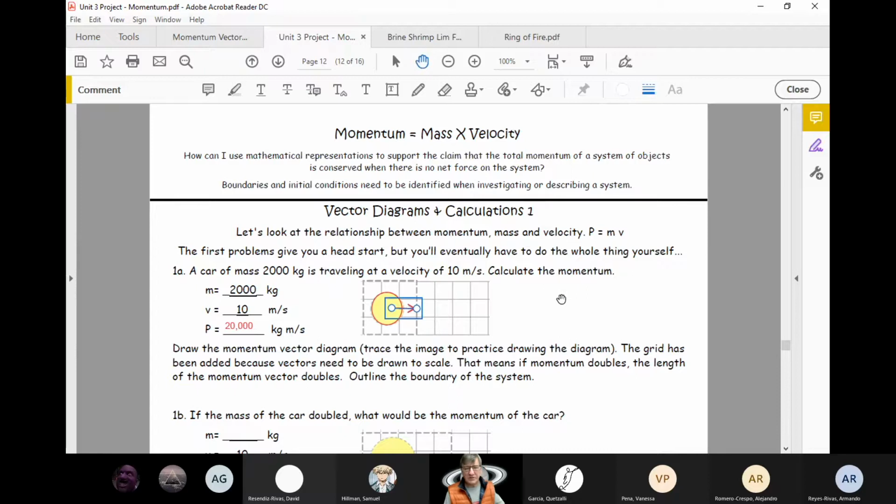Okay, so they point out that the grid is there because the vector needs to be drawn to scale. That means if your momentum doubles, the length of your momentum vector doubles. If you have more momentum, you need to make a bigger arrow. Lastly, we need to outline the boundary of the system. So we're not going to study anything outside of this boundary.